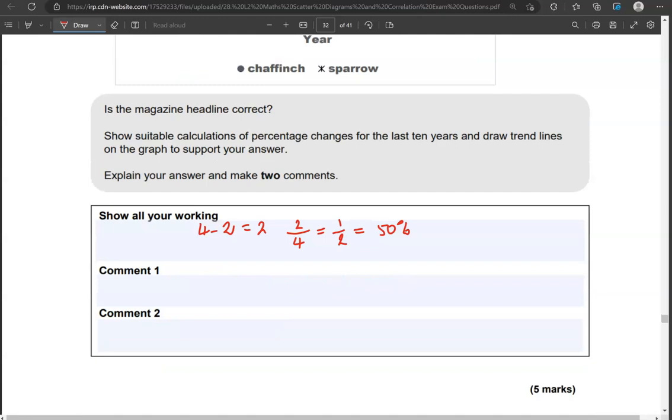So we're going to make 2 comments. One, we're going to focus on percentage changes, and the other one on the trend lines.